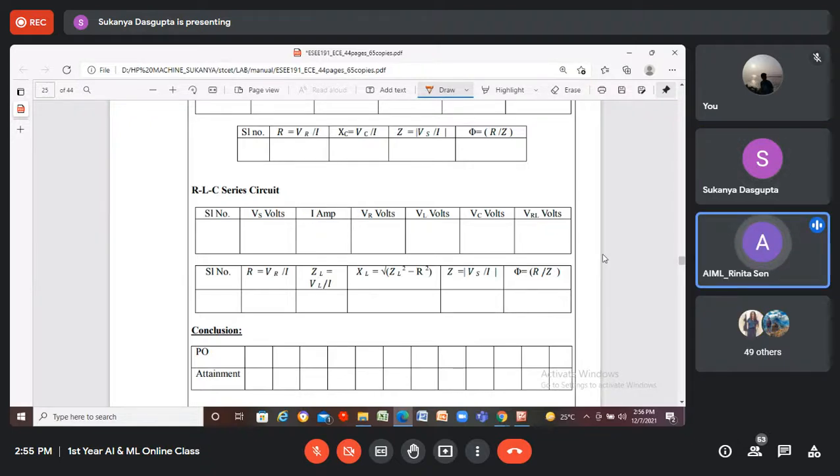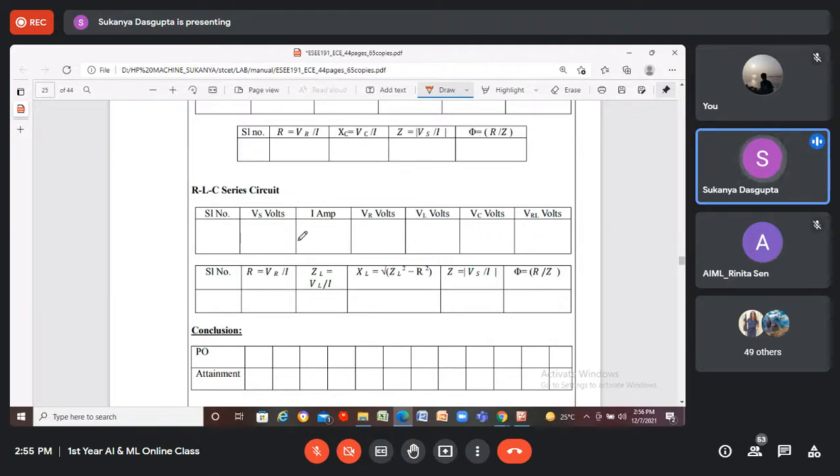Will you please repeat about the table? See, look at the first table under the RLC series circuit. Here you will write down the values VS, voltage, I ampere, VR, VL, VC, VRL, etc. from the meters. I will show you the readings today in the class.